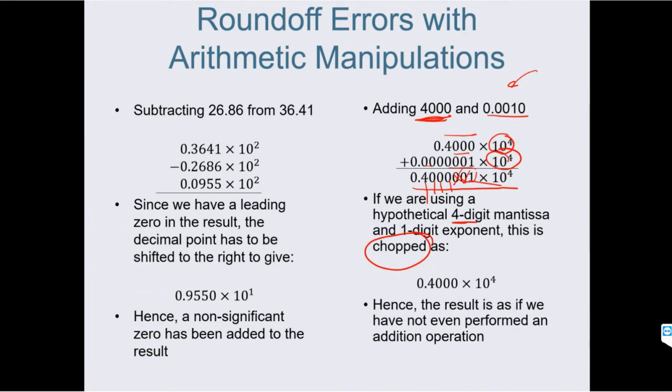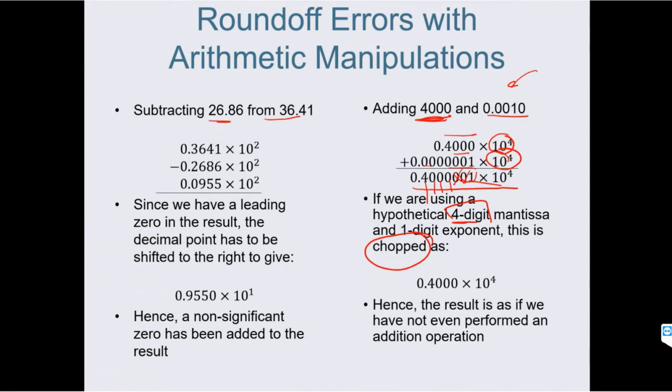Of course, the book gives you these extreme examples using only a 4-digit word size, although we have seen that MATLAB uses 52 bits for the mantissa, but these are just examples brought to you to understand why we end up with these errors.